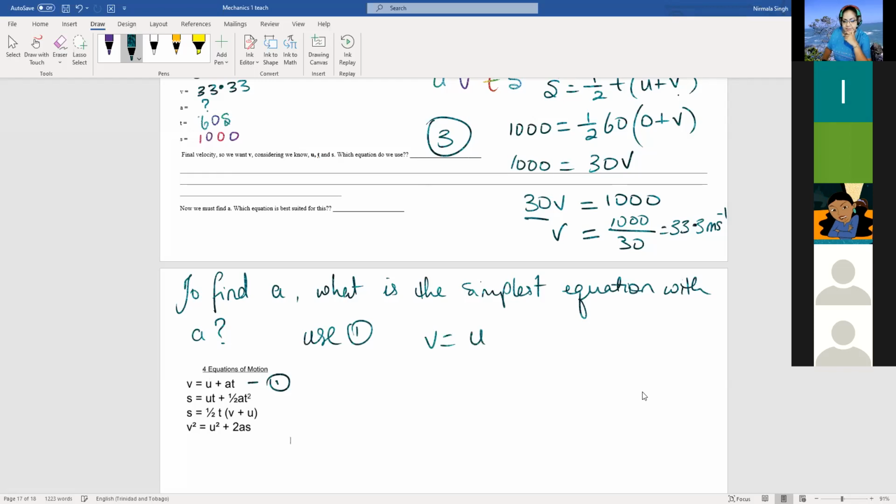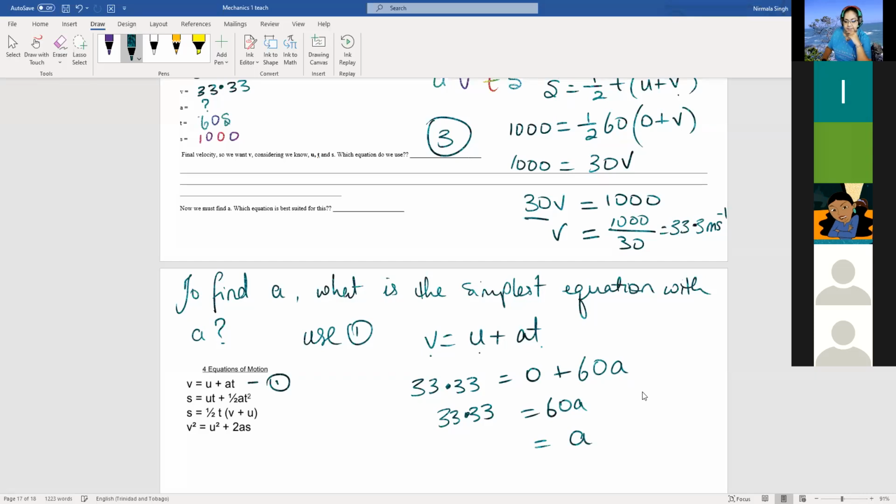V is equal to U plus AT. We know what U is, we know what V is, we know what T is. So let's put in our values. We're going to get 33.33 equal to 0 plus t is 60, 60a. Anything that is added to 0 is the same number. So we're going to have 33.33 is equal to 60a.